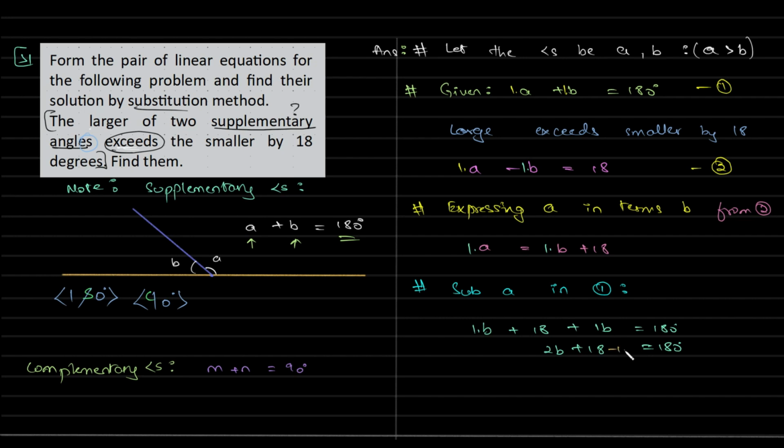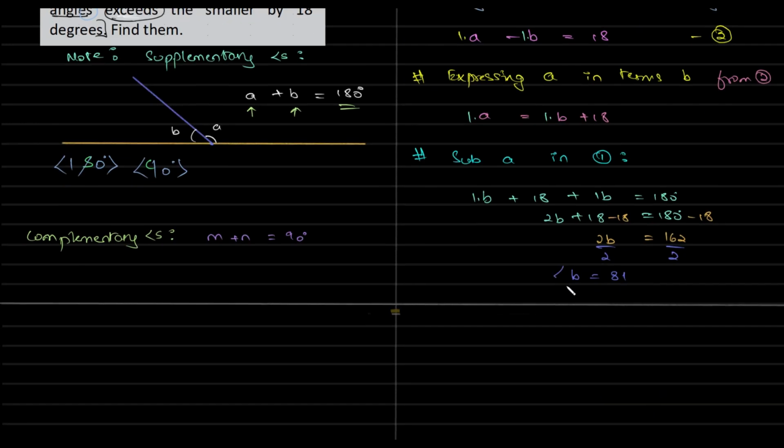Then we need to subtract 18 degrees from both sides. We have 2B is equal to 162. And then we divide by 2. So B is equal to 81, right? So that's one of my angles.